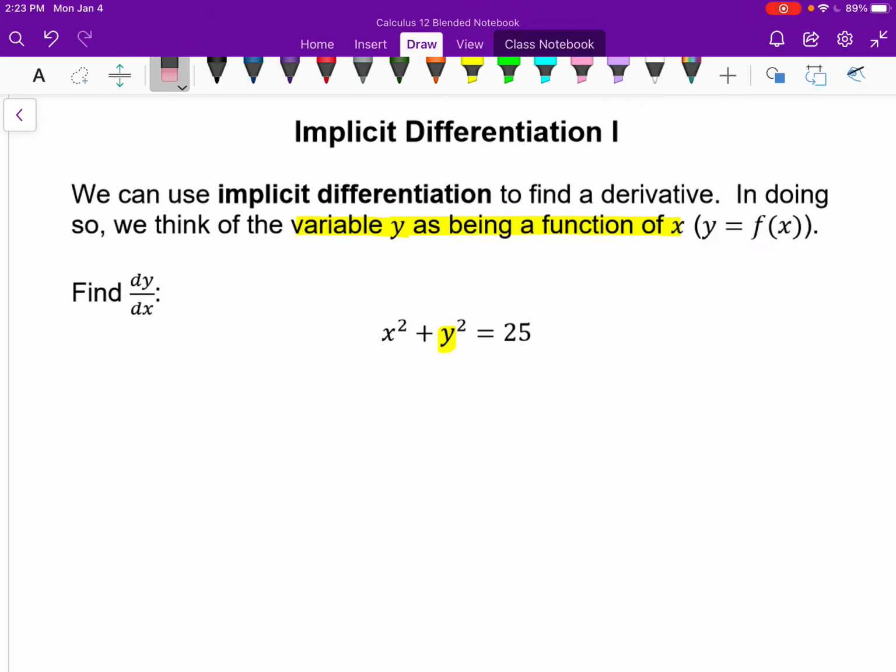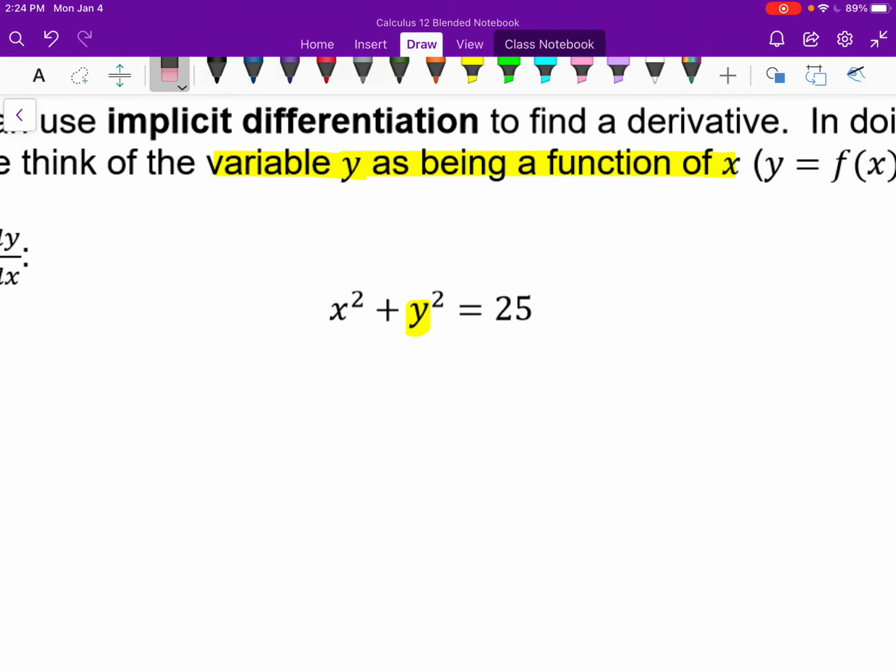So let's differentiate this. And now if you're tempted to look at this and solve for y first, you can do that. You'll actually get y equals plus or minus two different radical functions. And you could differentiate each of those separately, but I don't need to do that, so I'm not going to do that. What I want to do right away is differentiate everything with respect to x. So I'm going to differentiate both sides right away with respect to x, which really means I want to differentiate on the left side.